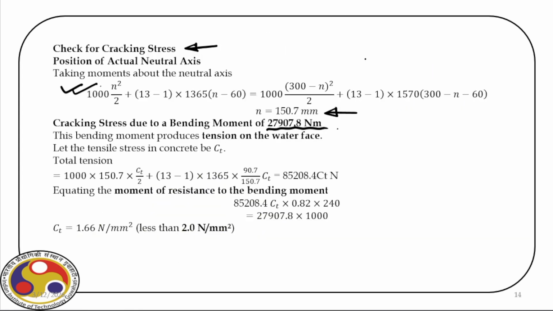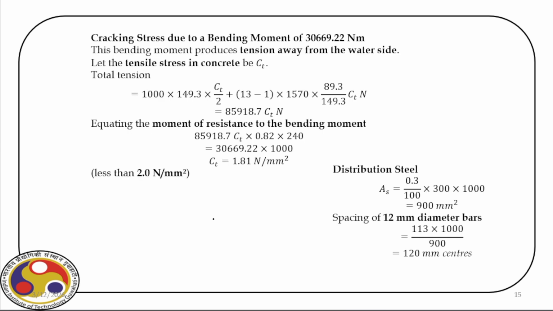And for that, the cracking stress, that is CT, is found by equating this with the applied moment. So we get CT equal to 1.66 Newton per millimeter square, which is less than the permissible value of 2 Newton per millimeter square. So the design is okay.